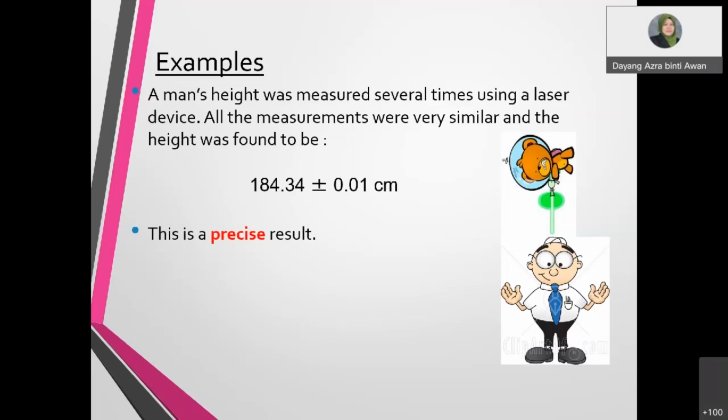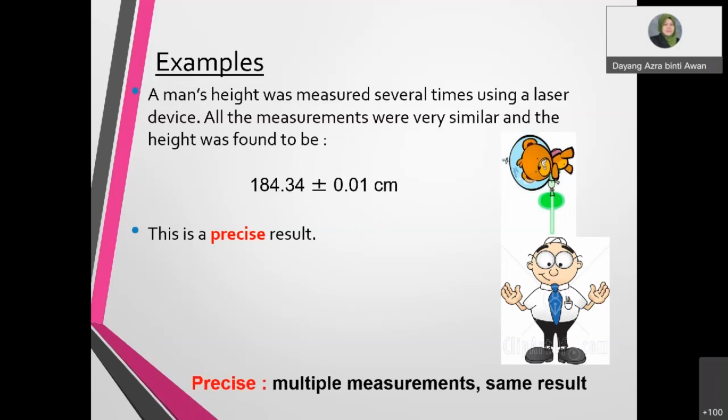So this is what we call as the precise result. Okay. Precise sebab dia ada 2 titik perpuluhan plus minus. Meaning that this is dia punya errors sama ada plus 0.01 or minus 0.01. So make sure when you do this plus minus, it must be the same with the original value, the true value. Okay.